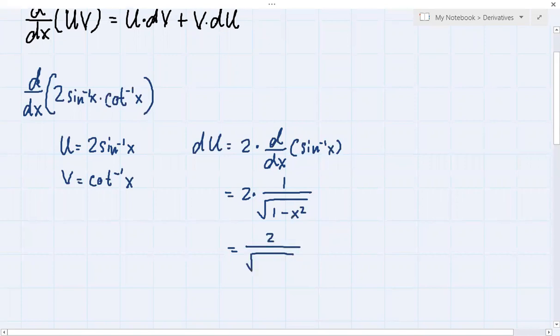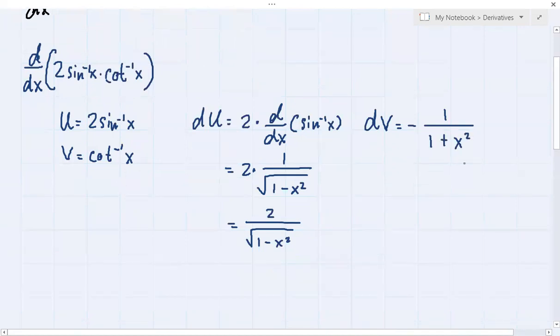And here I'll put dv, the derivative of v, since I have no more space. The derivative of arccotangent x is the same as the derivative of arctangent x, but negative. So it becomes negative 1 all over 1 plus x squared.